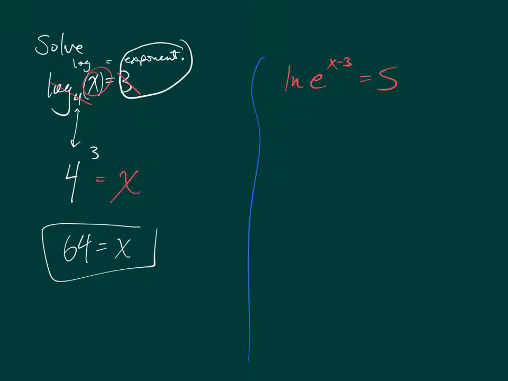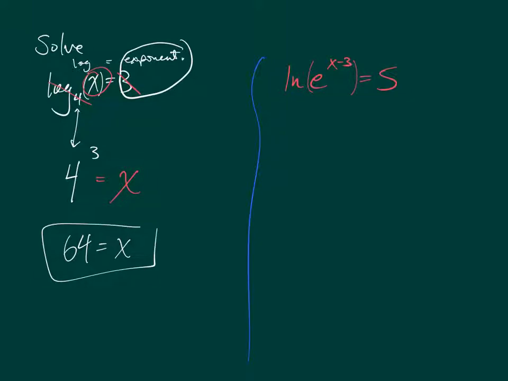All right, this next example on the right also has an x inside the log. There it is, natural log of e to the x minus 3 power equals 5. Now, depending upon whether or not you see it, you can do this a couple different ways. What I think most students will end up seeing is that this is a log equation and it should be rewritten in exponential form.